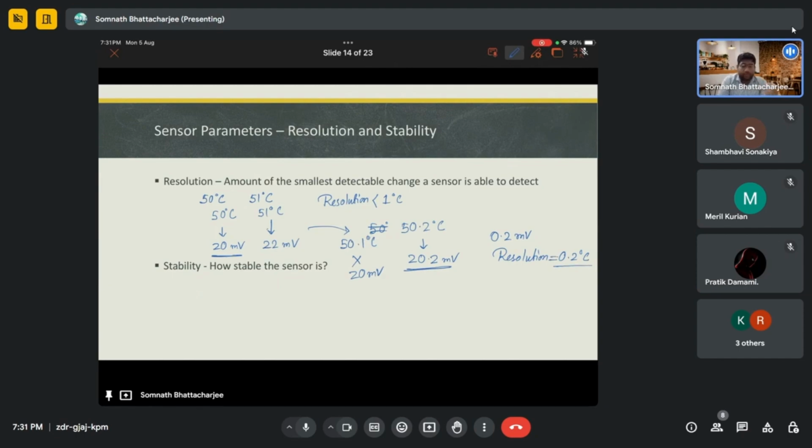So this is one of the most important parameters for a sensor. While we are characterizing a sensor, this is the most important parameter: how much resolution your sensor has, how small a change it can detect. In many cases we tend to want a sensor with a higher resolution.